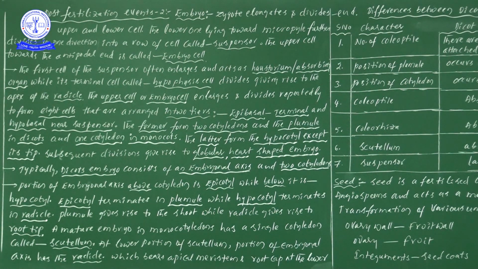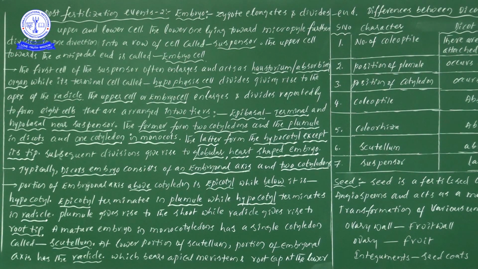Okay, next, the subsequent divisions. First of all, there are 2 cells, a lower cell and an upper cell. The lower cell forms the suspensor and the upper cell forms the embryo cell. The first cell of the suspensor forms the haustoria. A terminal cell forms the hypophysis, and that hypophysis gives rise to the radicle.